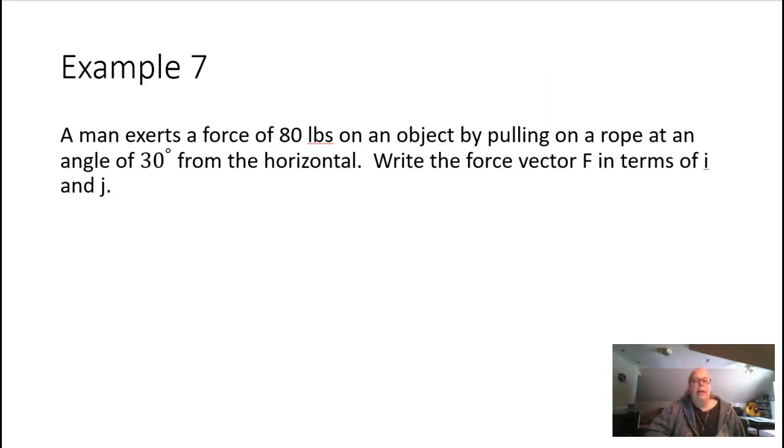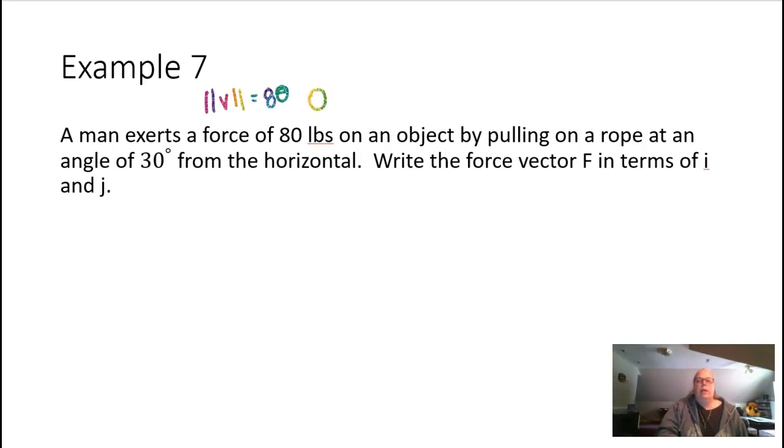Example 7. A man exerts a force of 80 pounds on an object by pulling on a rope at an angle of 30 degrees from the horizontal. Write the force vector F in terms of i and j. Okay, things that we know. First of all, we know that the magnitude of our vector is 80 pounds.